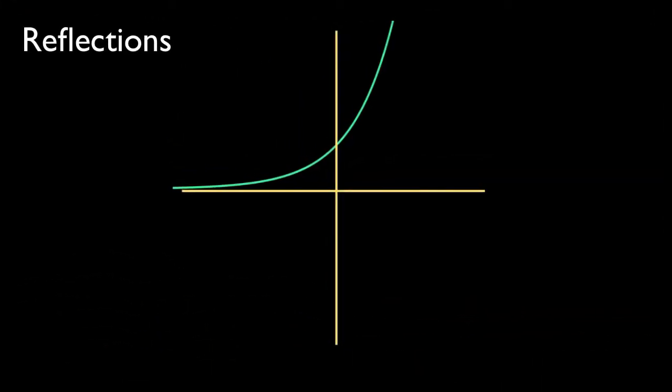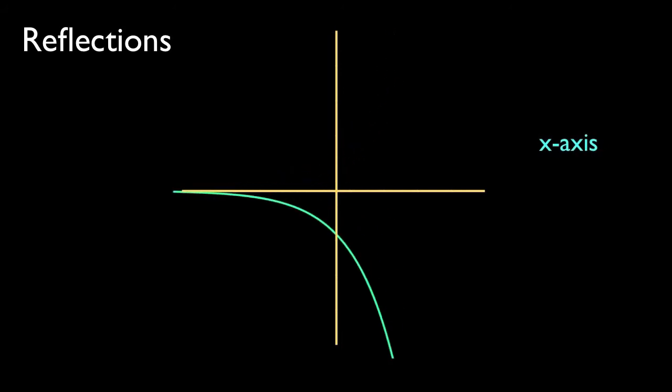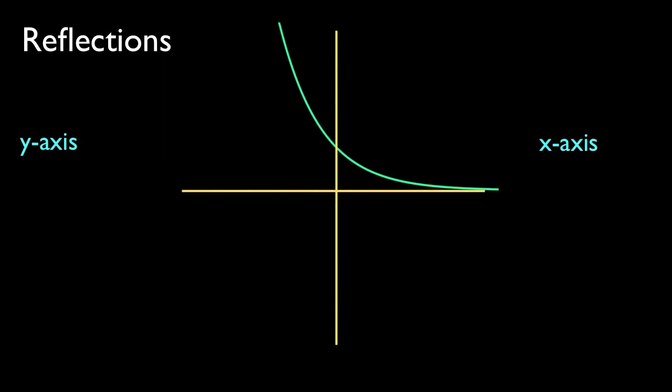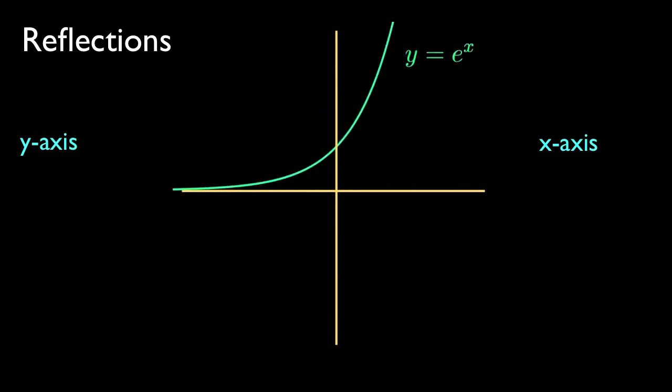The last type of transformations we'll look at today is reflection, either across the x-axis or across the y-axis. Our example this time is the exponential function, y equals e to the x, a library function we'll examine more carefully later.